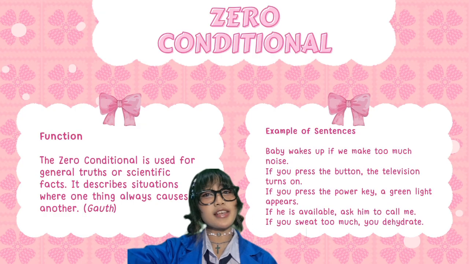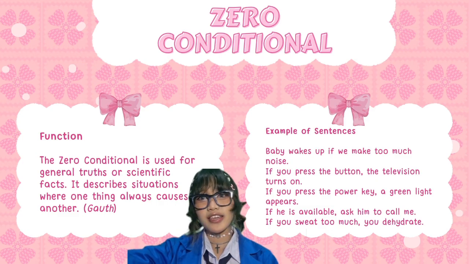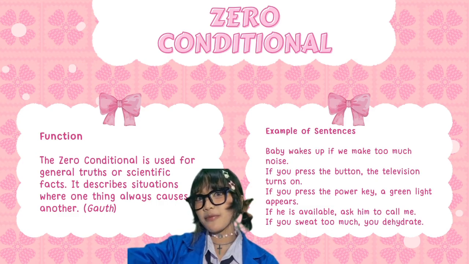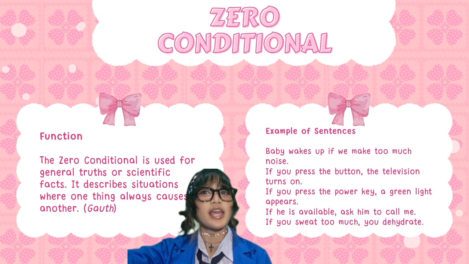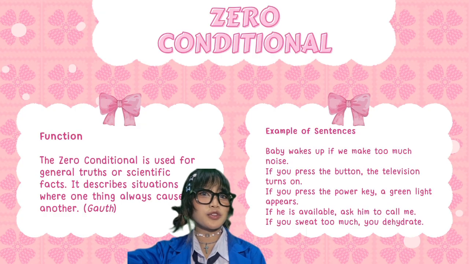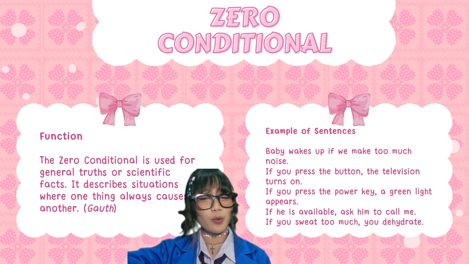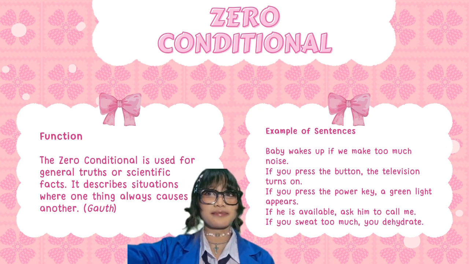And then, if you press the button, the television turns on. And we have, if you press the power key, a green light appears. And if he is available, ask him to call me. And last, we have, if you sweat too much, you dehydrate.